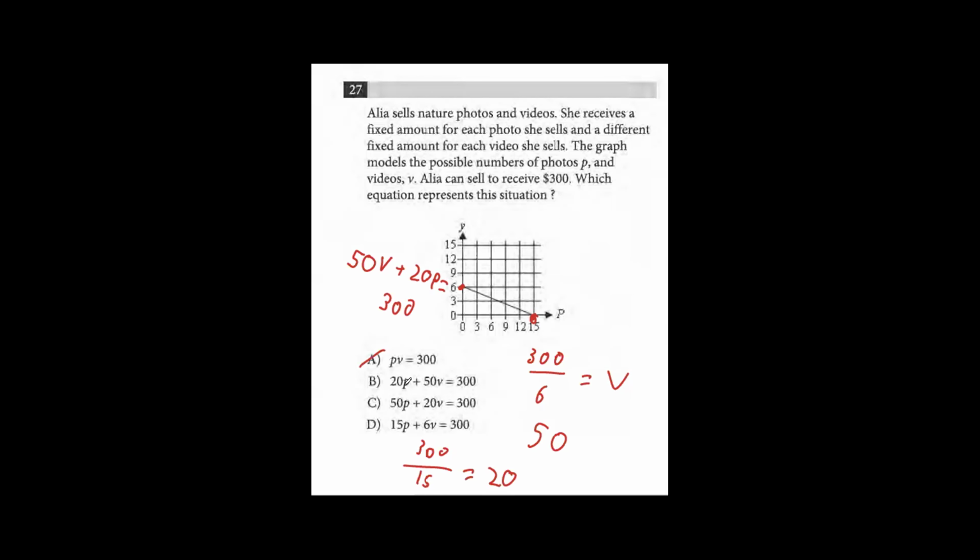So 20P plus 50V equals 300. So the correct answer is B. 50P, no, it's supposed to be 50V. And then 15P plus 6V, no, that's not correct either. So the correct answer is B.